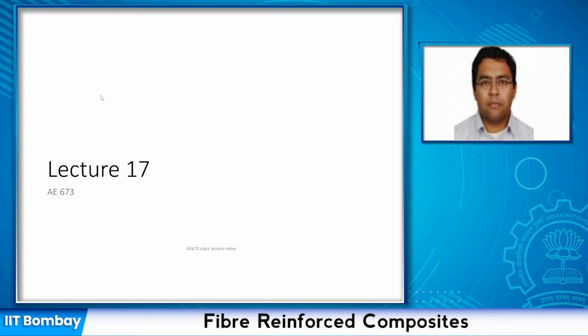I'll start with lecture number 17 of AE 673 course. So till now, if I do a quick recap, we started off with basic materials and how we define composites with respect to, say, alloys.